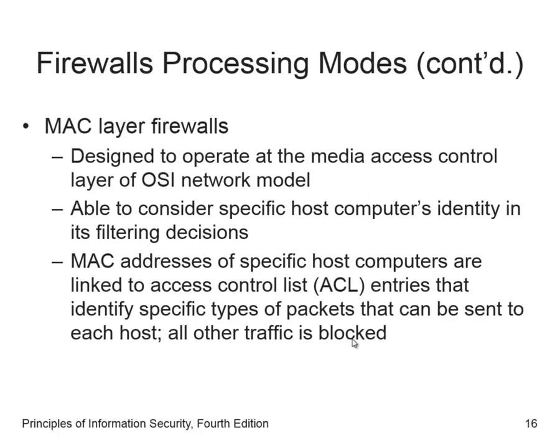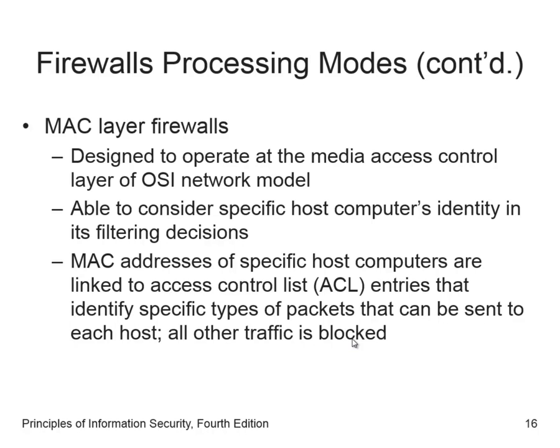The MAC layer firewalls, while not as well known or widely referenced as the firewall approaches above, are designed to operate at the media access control layer of the Open System Interconnection (OSI) network model of communication.